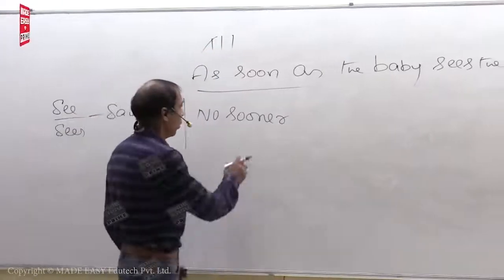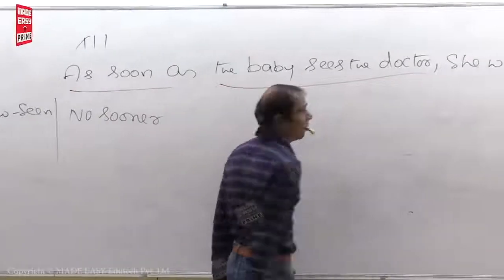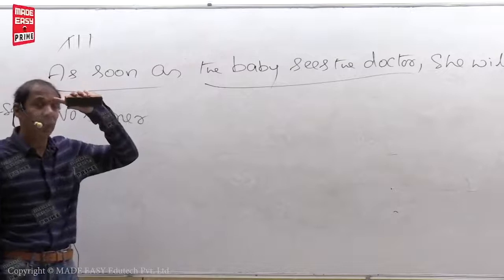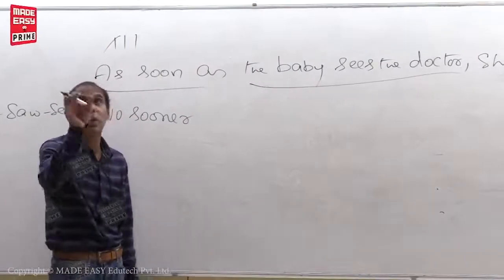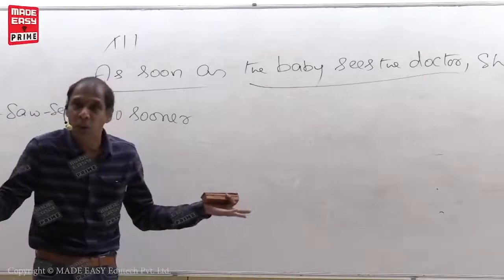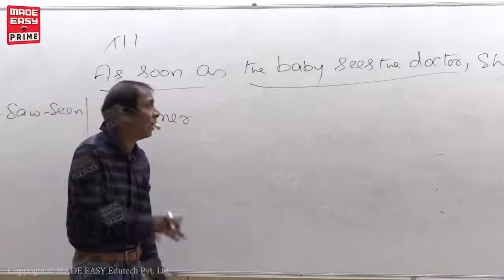Okay? No sooner. Rule number two. This is the as soon as part. What is rule number two? Change the as soon as part into interrogative form. How can we make interrogative form? Put the special verb at the beginning of the sentence. Do we have a special verb here? No. When there is no special verb, what is the rule? Borrow do, does or did.